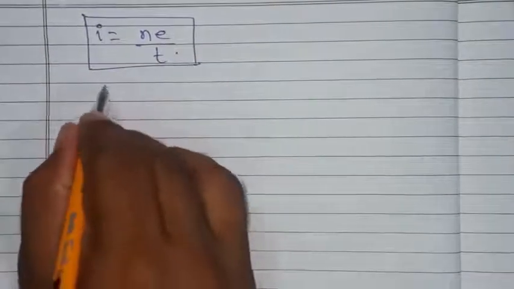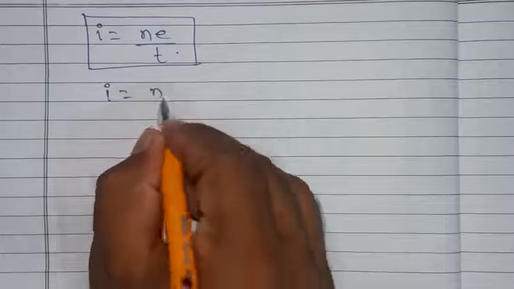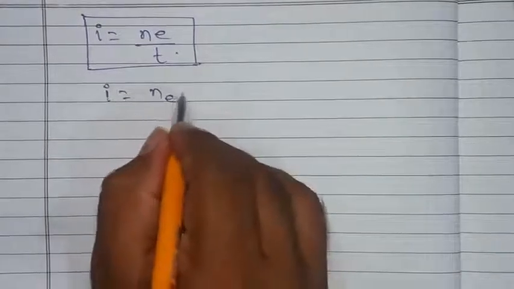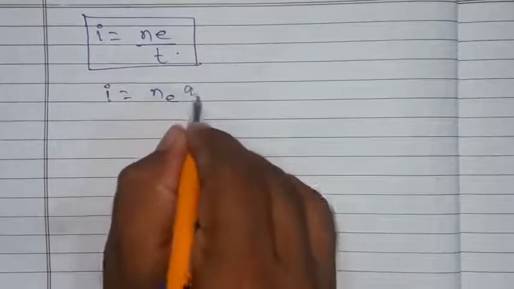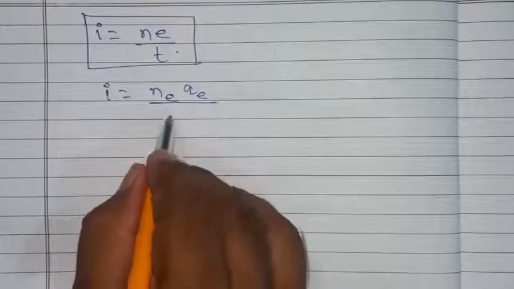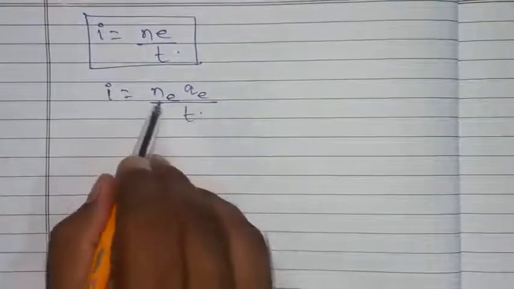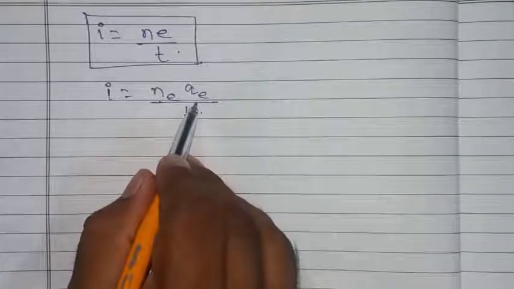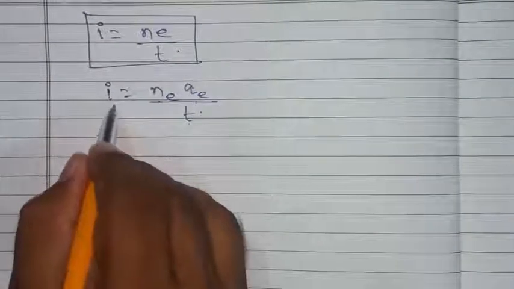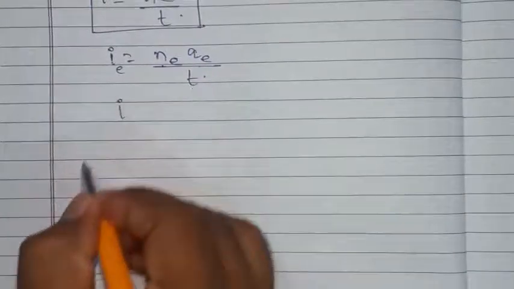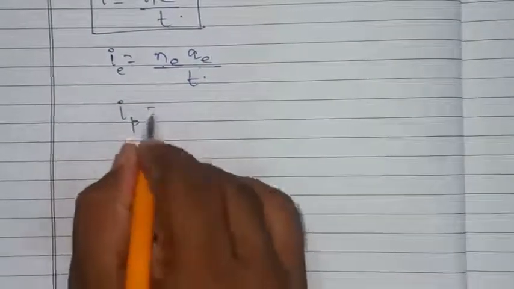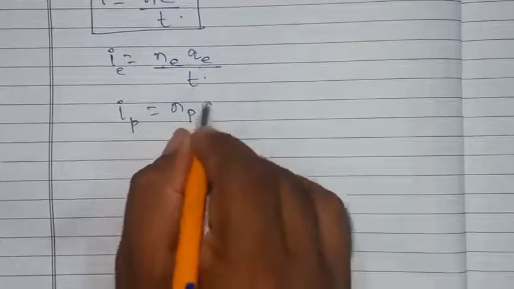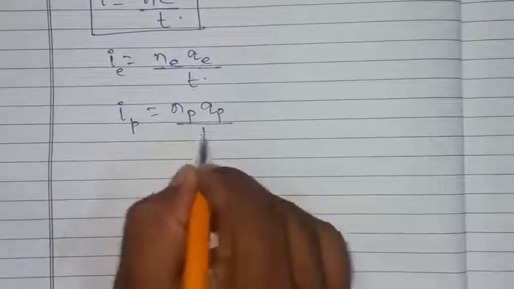Here I is equal to Ne into charge of e divided by T, where Ne represents number of electrons and e represents charge of electron. This current flows due to electrons, and we can also write current flow due to protons is equal to Np into charge of proton divided by T.